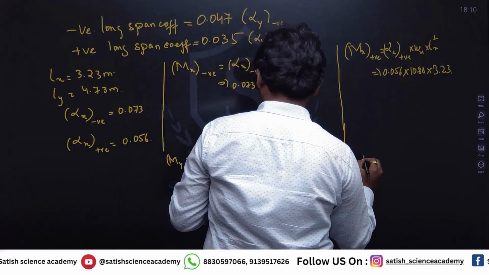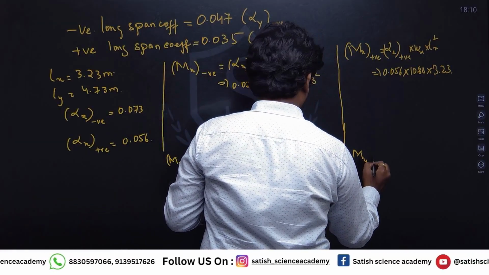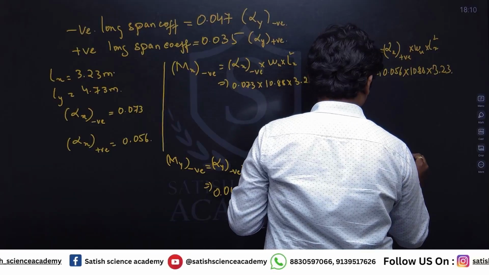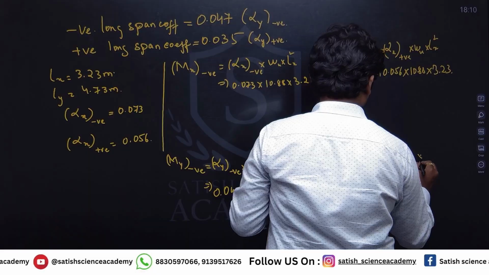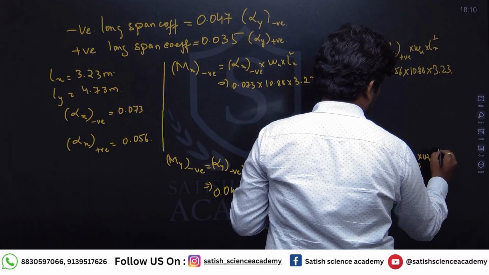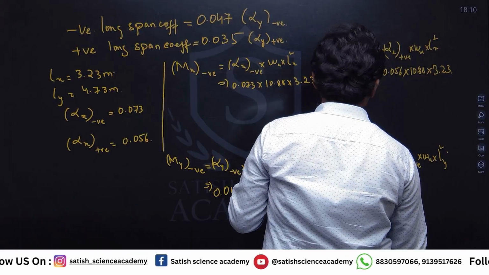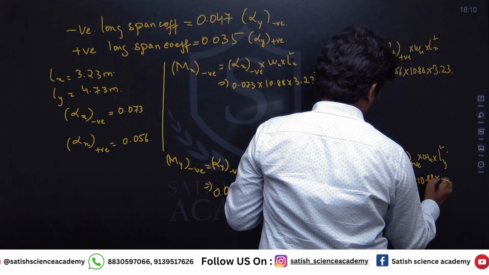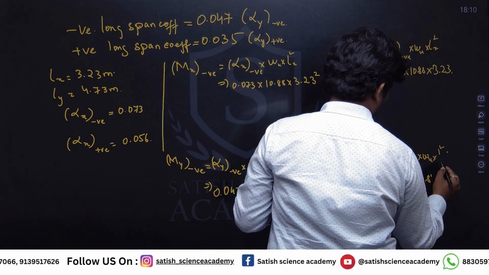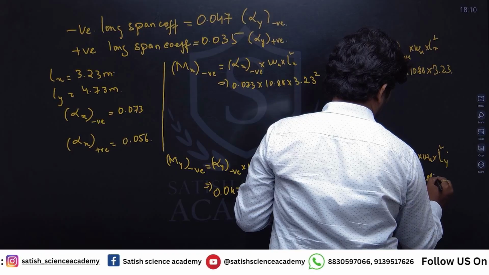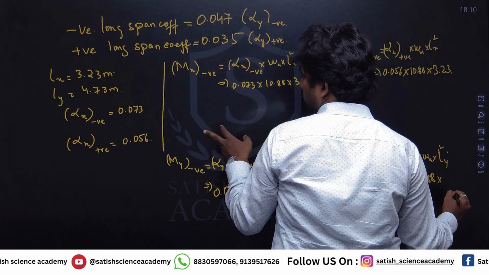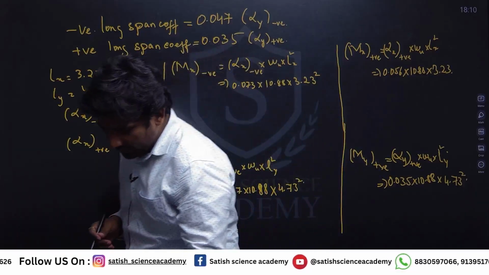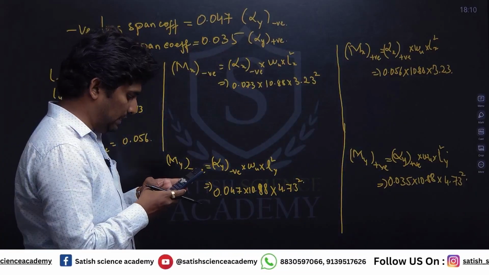And My positive equals alpha y positive into wu into Ly square. So this is 0.035 into 10.88 into 4.73 square. Now if you calculate this, you will get the moments for this full slab.